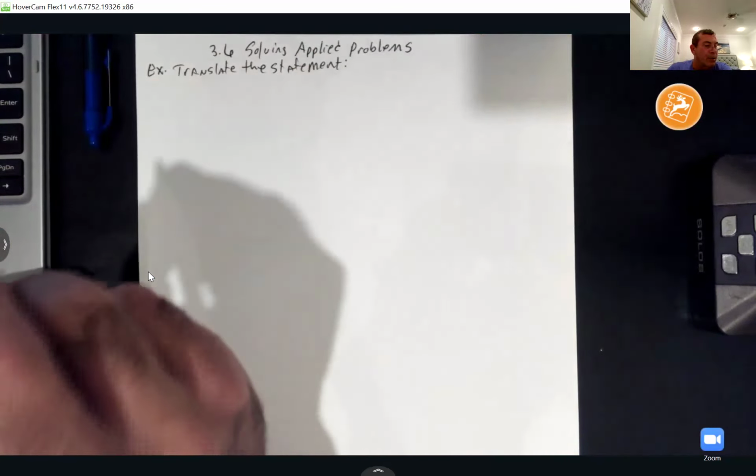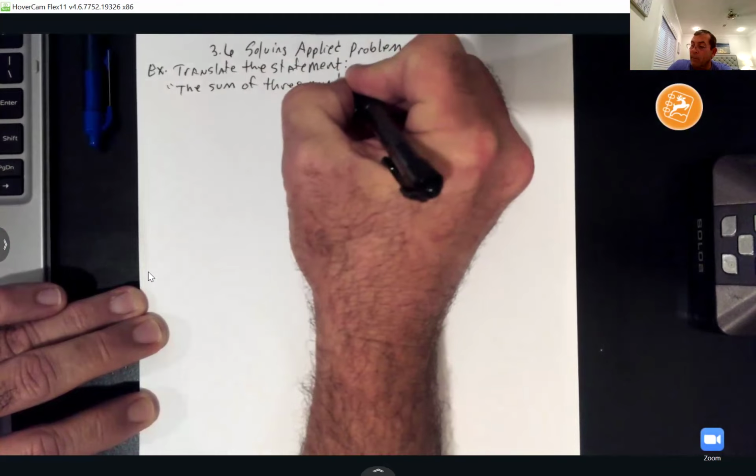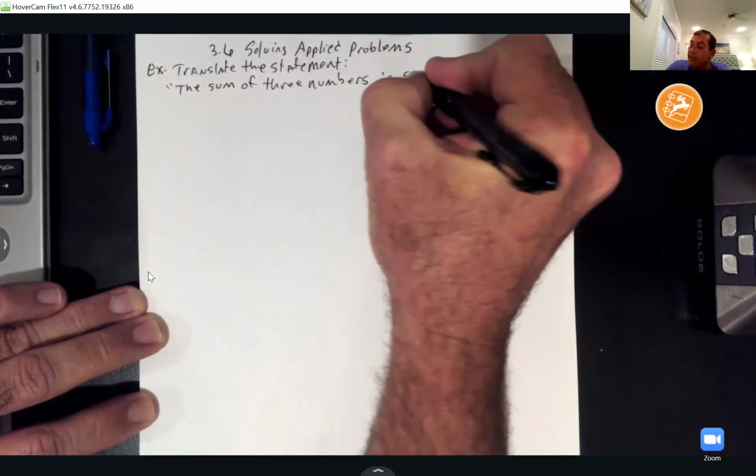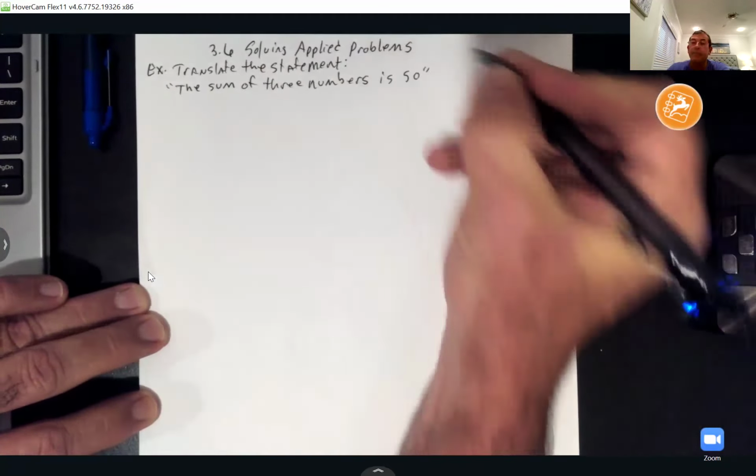So this one says the sum of three numbers is 50. So they just want us to translate this into a sentence using mathematical symbols.